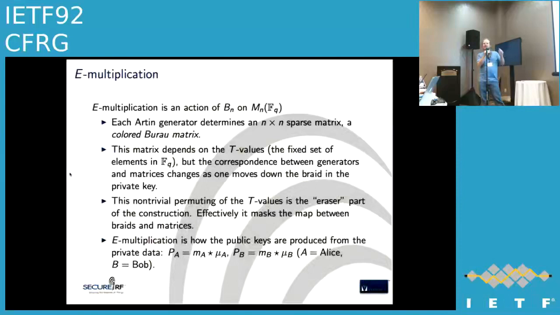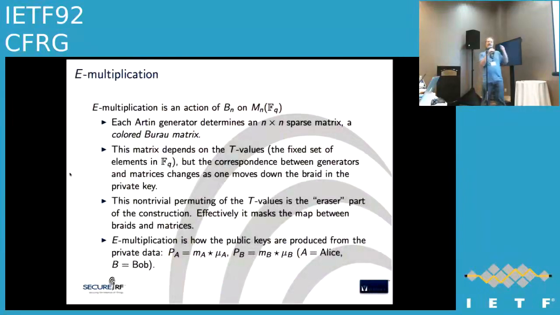So we have each generator, each simple flip determines an n by n sparse matrix, and the sparsity is also important for the ability to run in these low power environments, called a colored Burau matrix. The matrix depends on this fixed set of elements in F_q, but as you move down the braid, as you apply the braid to the matrix, that correspondence between generators and elements of F_q changes.